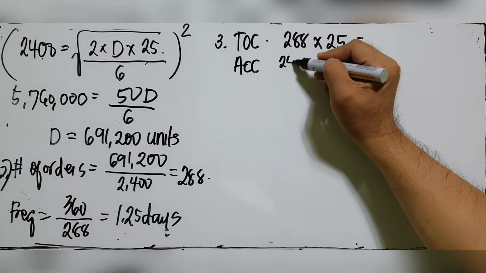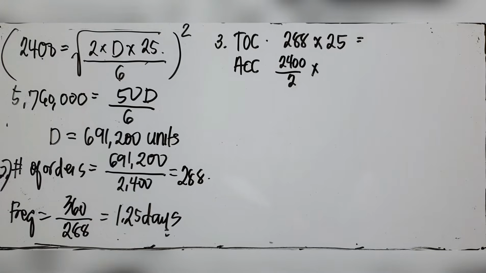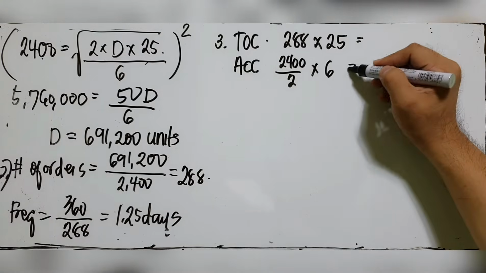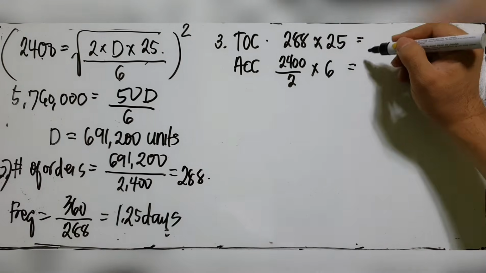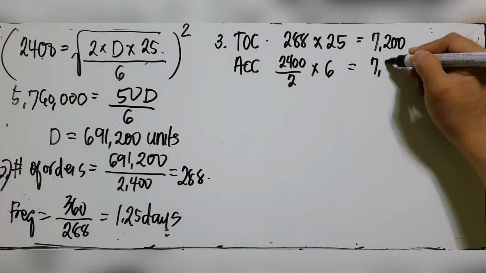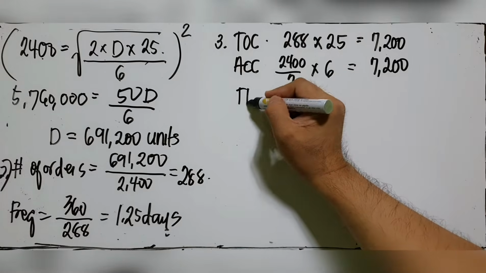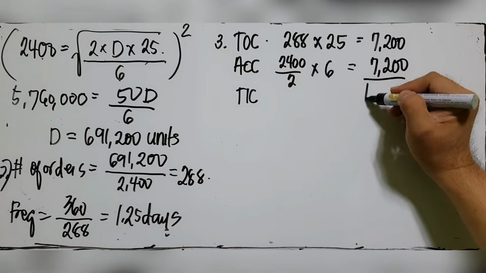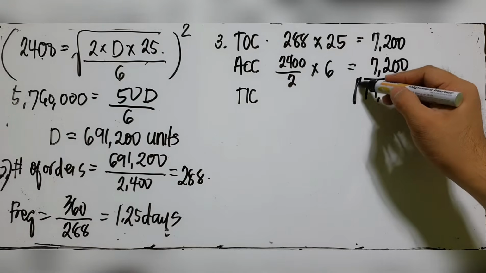So that would be 2,400 over 2 times your carrying cost per unit of 6. So what should be the answer? So, the total ordering cost is 7,200 and, of course, the annual carrying cost is the same. So to answer number 3, the total inventory cost is 14,400 pesos. Okay?